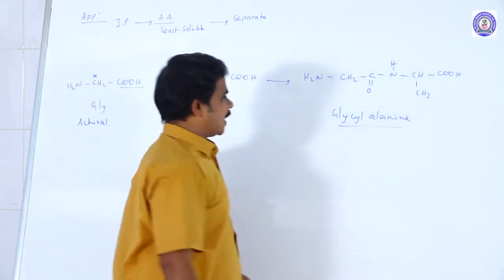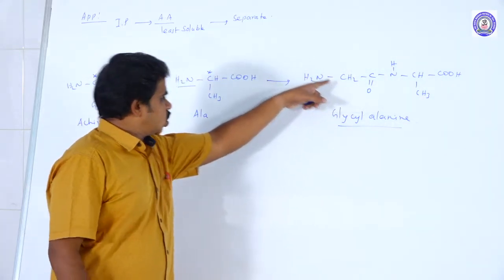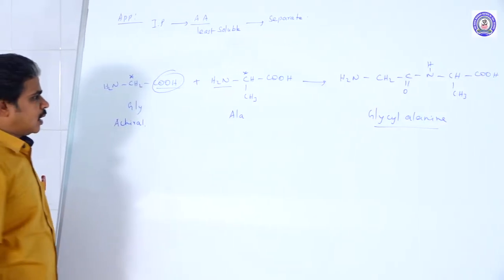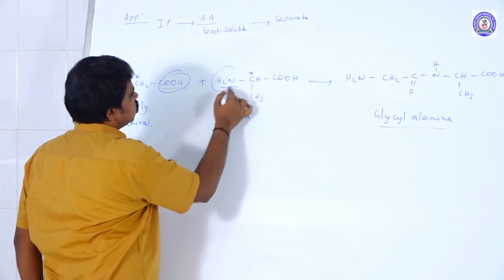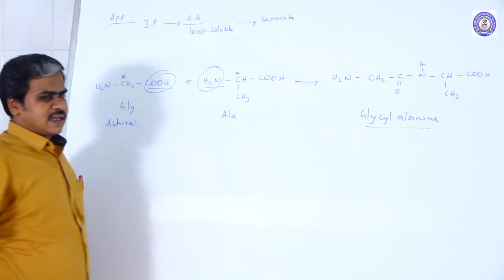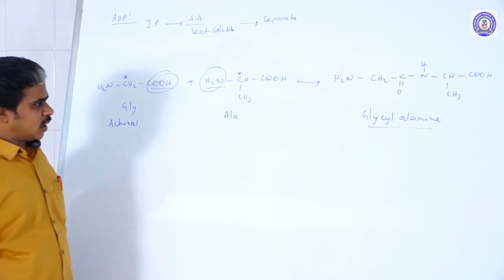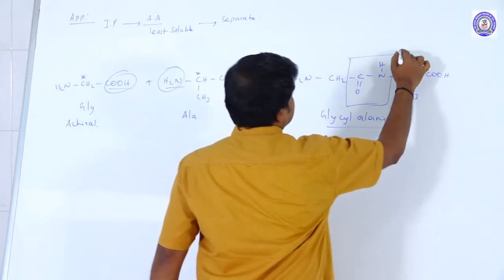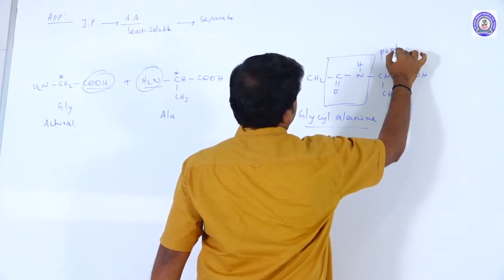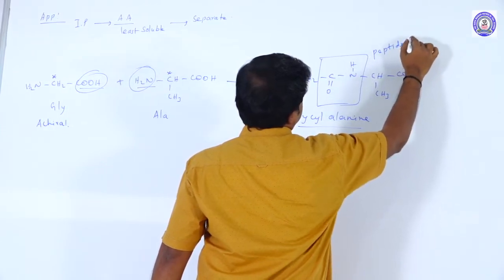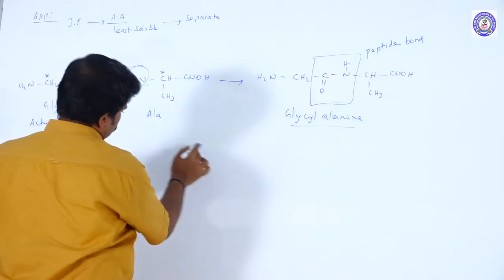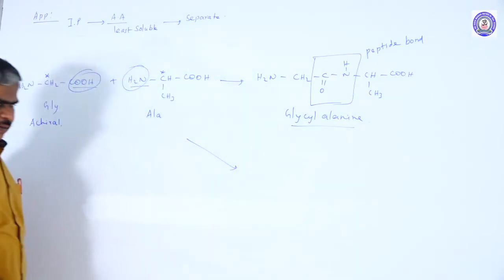In glycylalanine, the COOH group of glycine is reacted with the NH2 group of alanine, so that it will make a peptide bond. It is a peptide bond. Now, one more possibility is there.